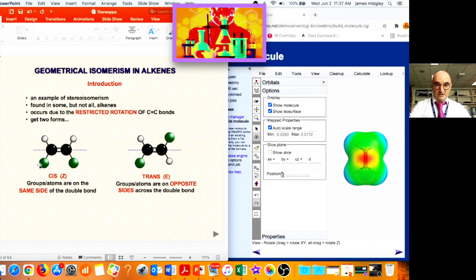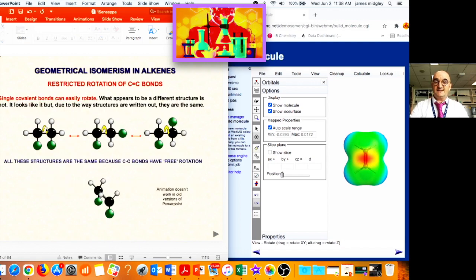If this is chlorine, as we were building, this would be cis-1,2-dichloroethene. This would be trans-1,2-dichloroethene. Cis means same side, so these chlorine atoms are on the same side, and trans means opposite side. They are clearly opposite to each other across the double bond.